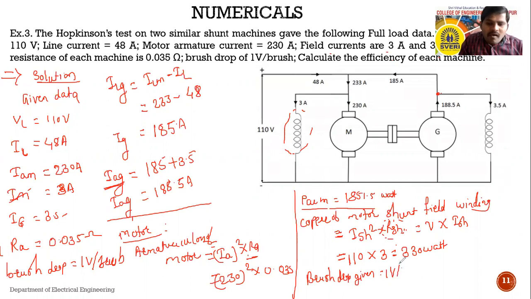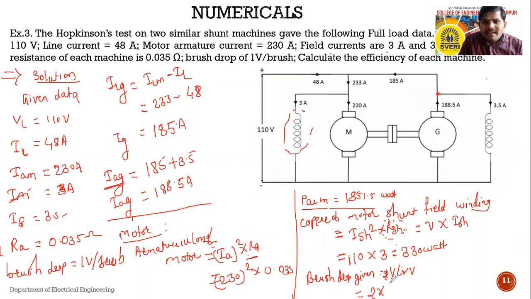So there are 2 brushes, so 2 volt per machine is the voltage drop, into the current taken by that brush, or it may be the armature current. The current through the brush, whether it is 3 ampere or 230 ampere? 230.